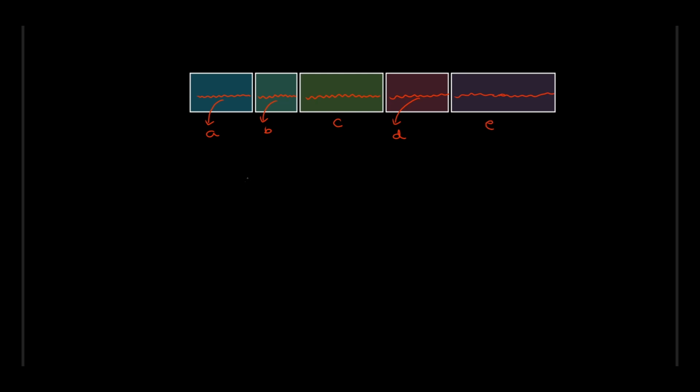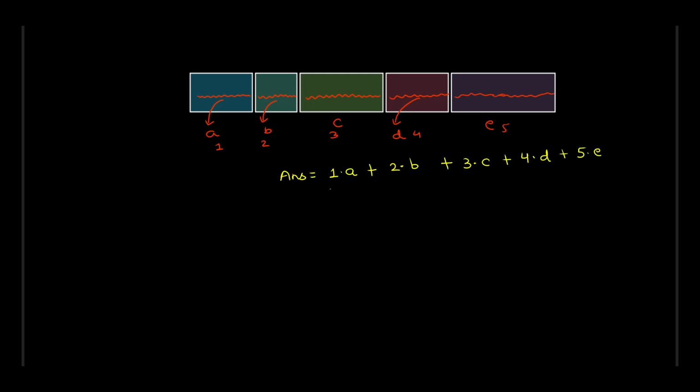So what is the answer for this distribution? The answer is 1 into A plus 2 into B plus 3 into C plus 4 into D plus 5 into E, because the block indexes are 1, 2, 3, 4, and 5.